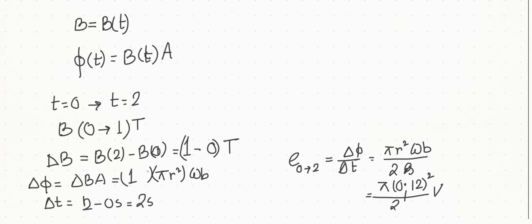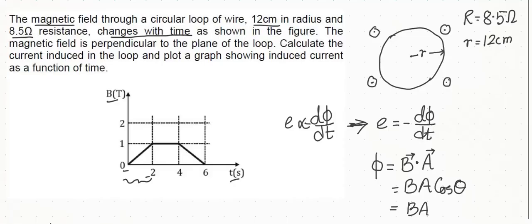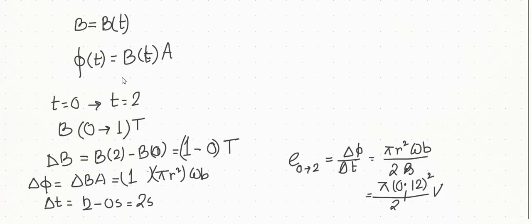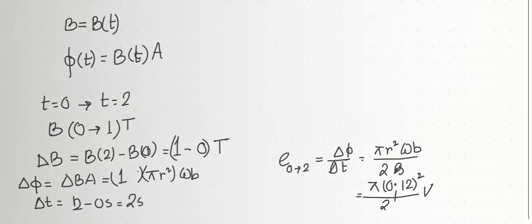Next we are going for t equal to 2 second to 4 second. The value of the B will not change. So let us write it down. From t equal to 2 second to t equal to 4 second, the value of the magnetic field will remain 1 Tesla.